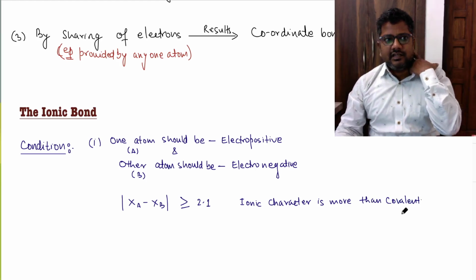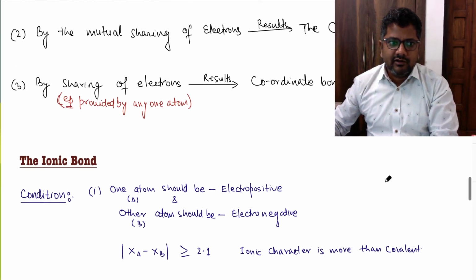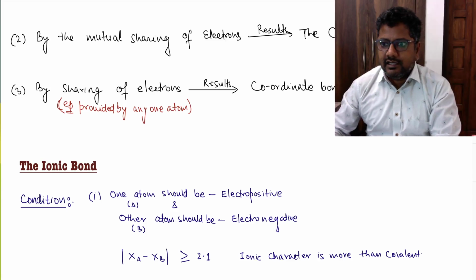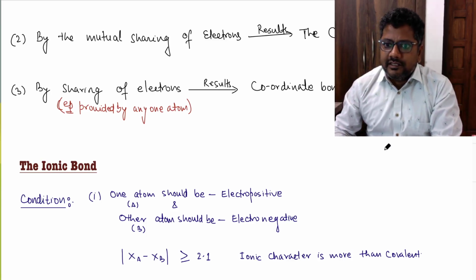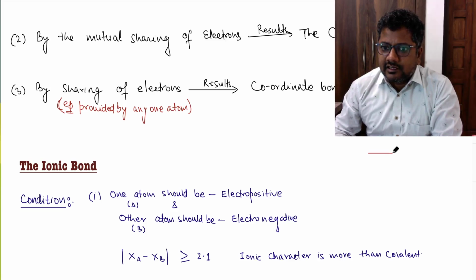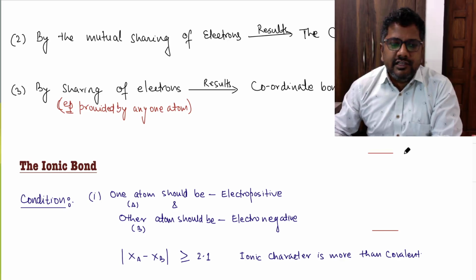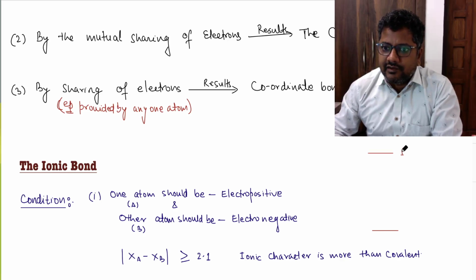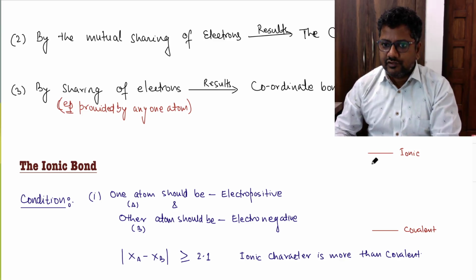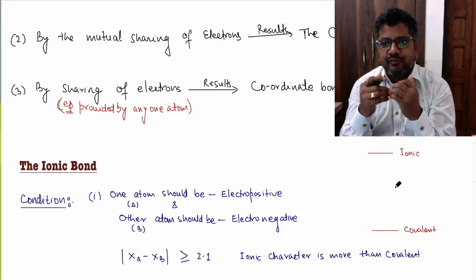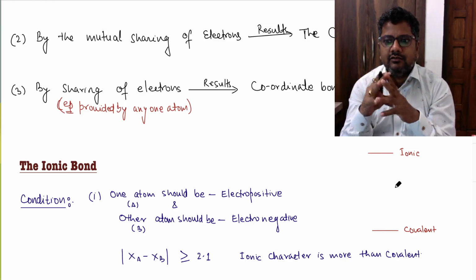See, there is one philosophy of this bonding that I want to tell you in the beginning. The philosophy is that these are the two extremes of bonding. One is ionic and the other is covalent. None of the bonds is purely ionic or purely covalent.